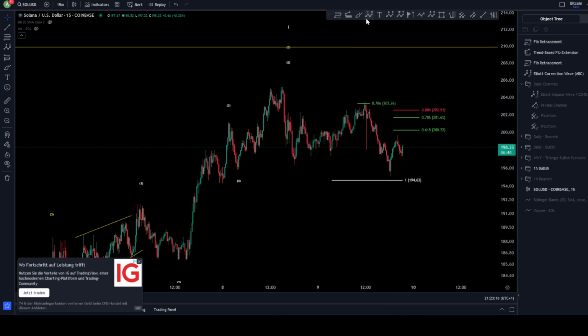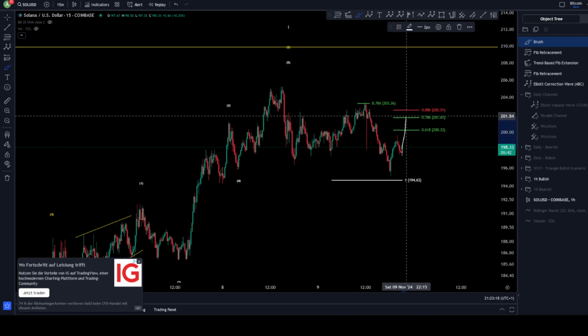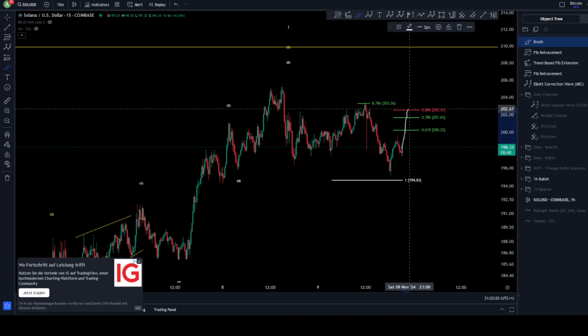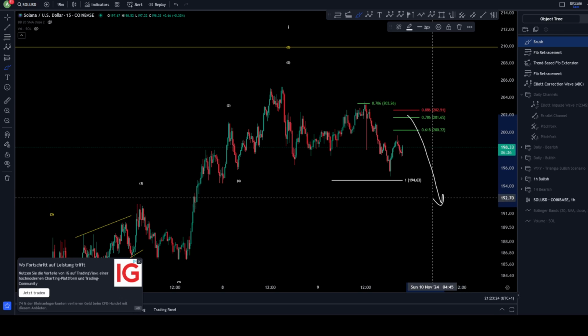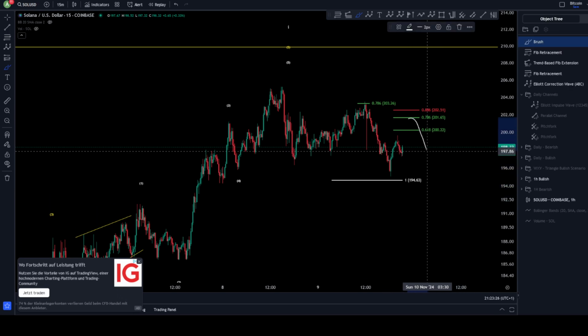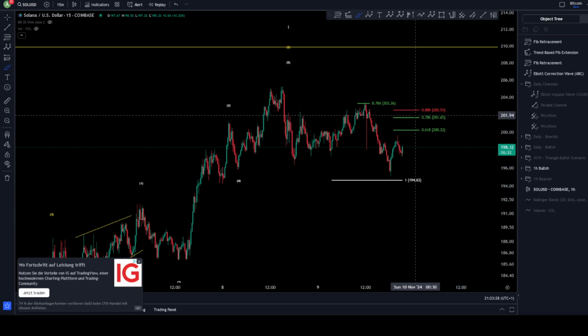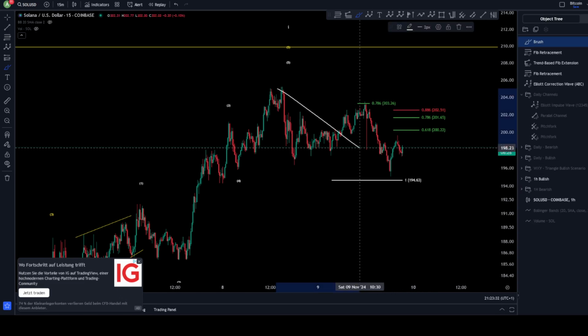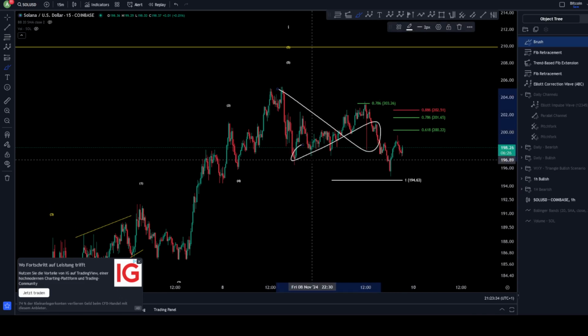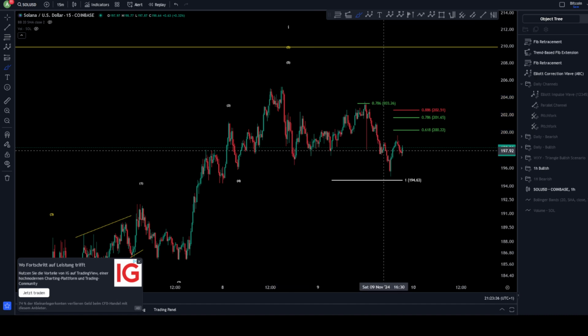If we reach these levels again without touching the 0.886, therefore, of course, continuation towards the downside. And of course, we need to see some reversal. If we pass through the 0.886, therefore, invalidation for any bearish scenario.